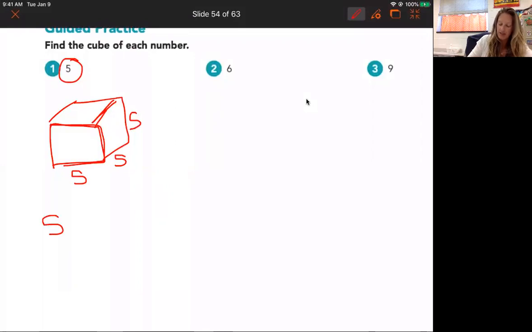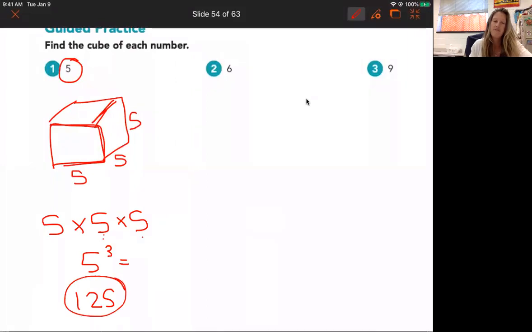That would be 5 times 5 times 5, which I can also write as 5 to the 3rd power, or 5 cubed. So 5 times 5 is 25, and 25 times 5 is 125. So 5 cubed is equal to 125.